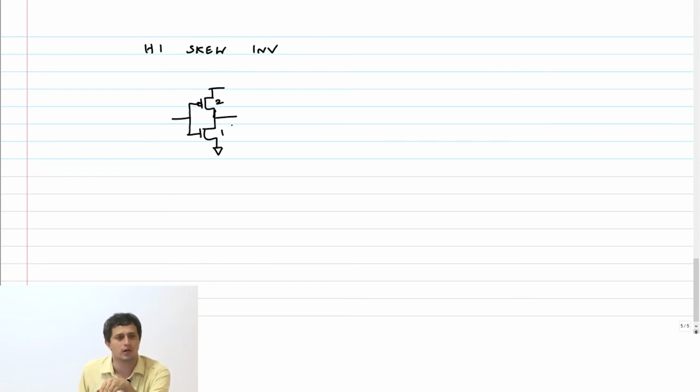I want to construct a high skew inverter, which means I want to favor the rising edge. Rising edge is determined by the PMOS. Therefore, I want to leave the PMOS as it is, because that resistance is already R. I can't reduce that any further. Therefore, my high skew inverter will be like this. This is fixed.